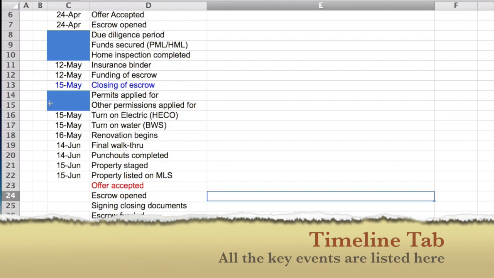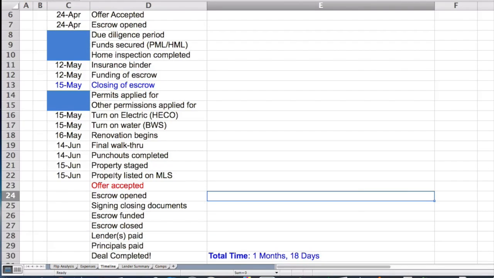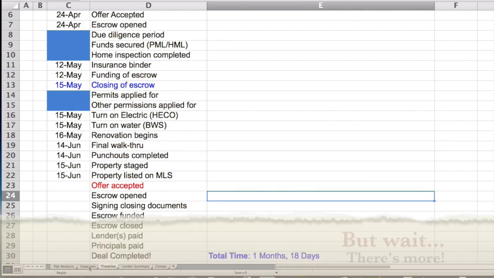Some of the things may be not applicable, but most of them are. You can see with this particular property, it's actually a different property than the one I just trained you on. But here the property is listed. We got it on the MLS. So the next thing that'll happen is we'll have offers come in that we'll accept, and then we go back into the escrow process. Okay. And yeah, so that's what I wanted to show you.